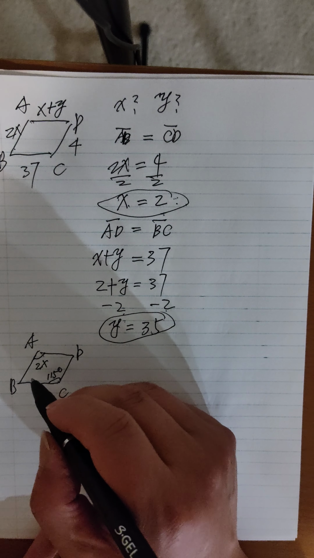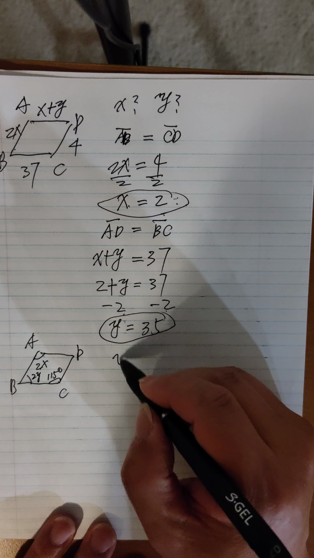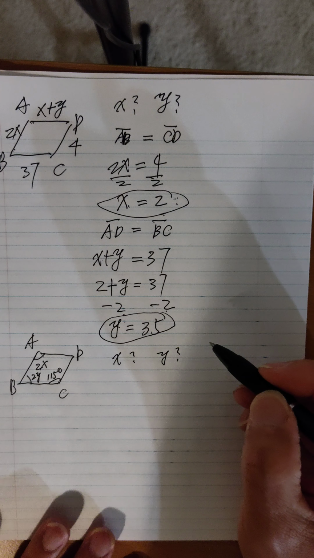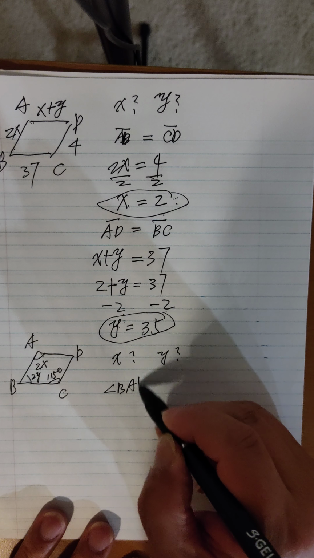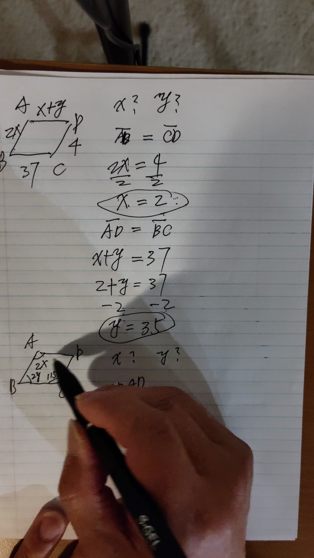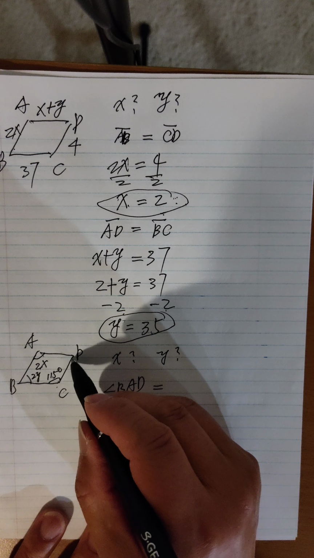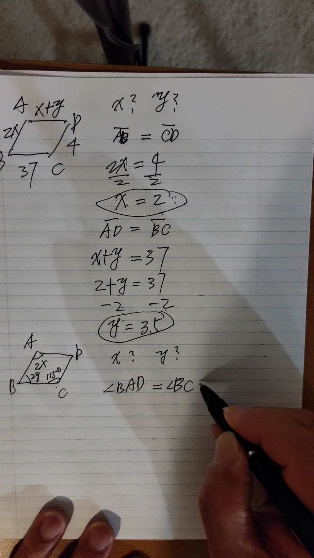And then this angle right here is 2y. Again, we want you to find x, and then we want you to find y. So again, the angle BAD, which is this angle right here, is the same as this angle, which is angle BCD.